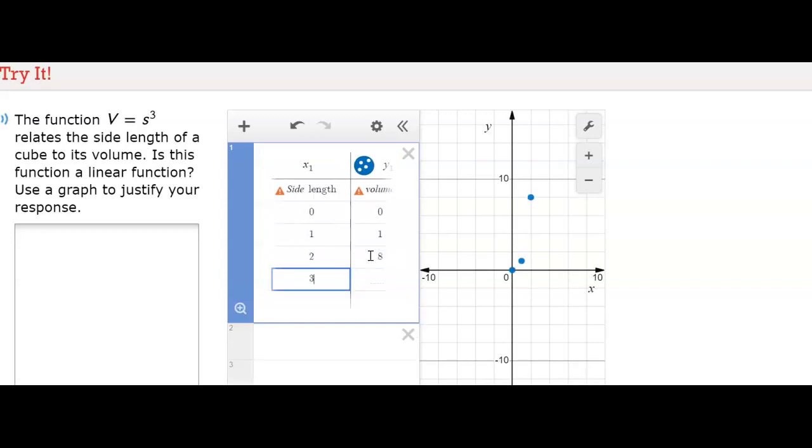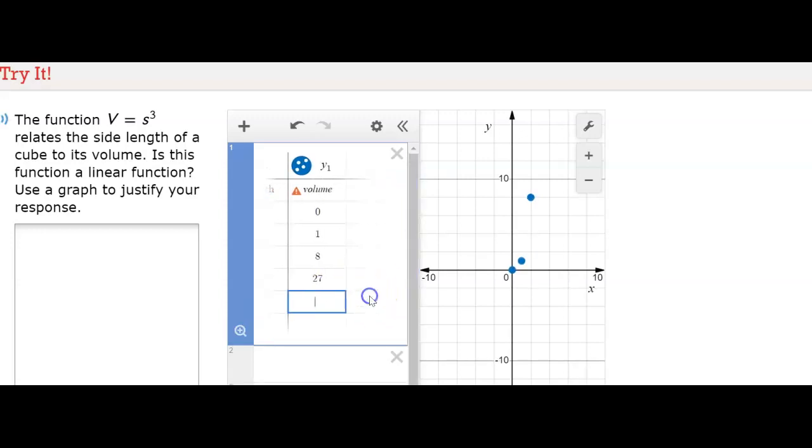And then if I did 3 in this equation, 3 to the third power would be 27. And if I'm going to go one more time, 4 to the third power is 64.